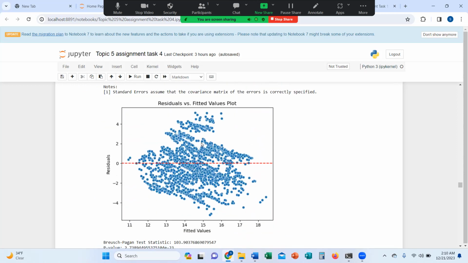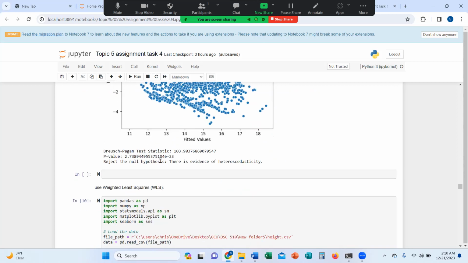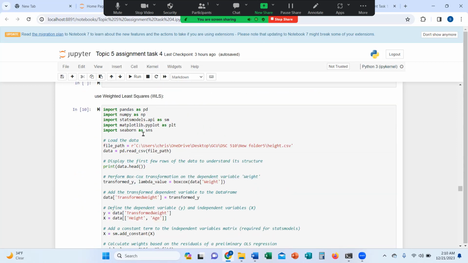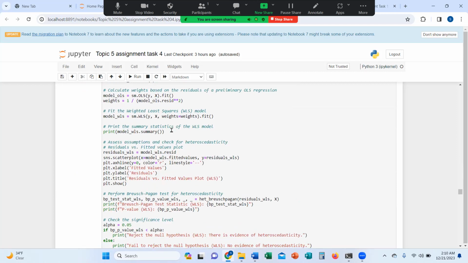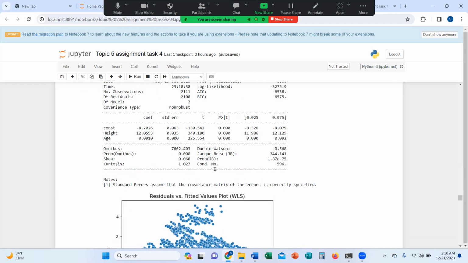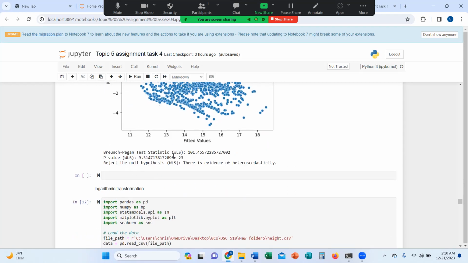And this is the graph that I got after I used that, and it became 103. To further improve it, I used the weighted least squares method. And I got 101 now for the Breusch-Pagan method.